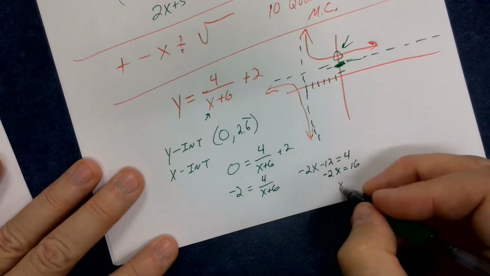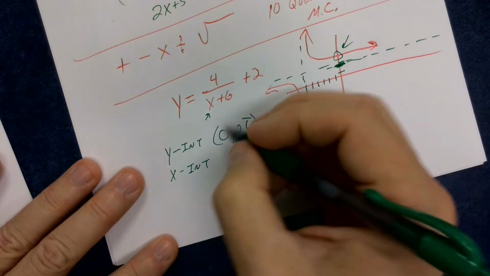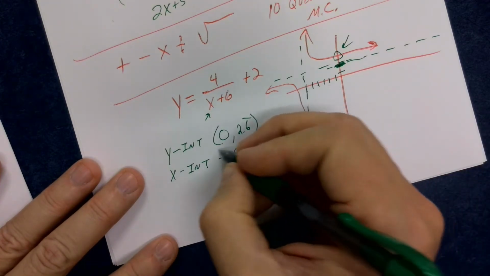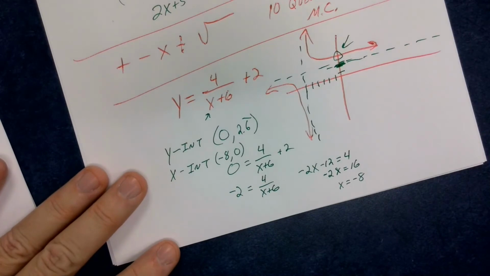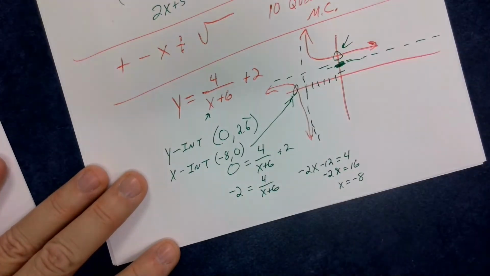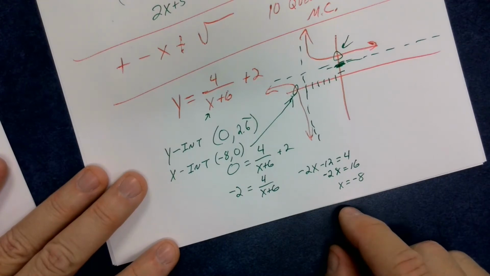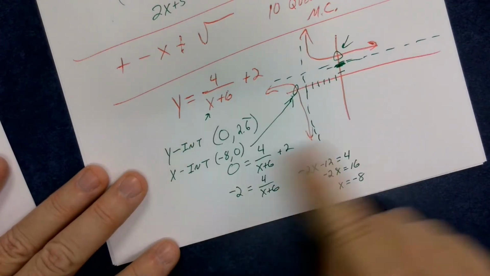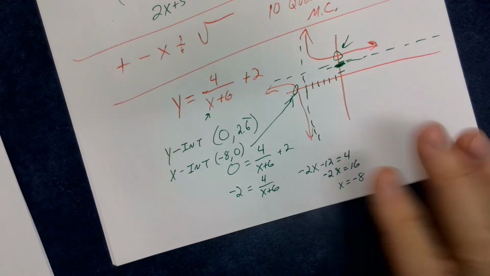Divide by that and you get x equals negative 8. So negative 8 comma 0, there's my x-intercept. Hey, and look at that, that even looks like it based on my graph someplace over in that area. So those are logical ways to get x and y intercepts. You need to know how to do that.